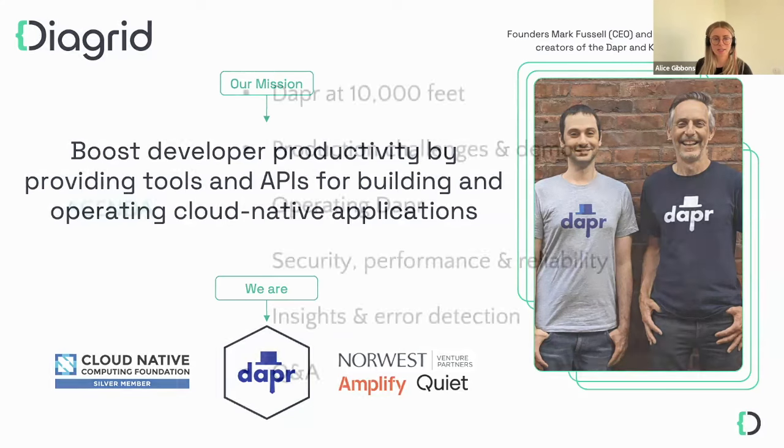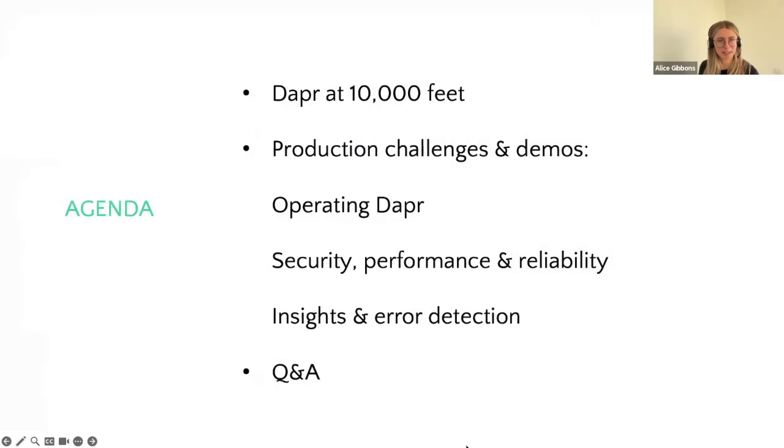Getting into what we're going to cover from an agenda perspective, I'm going to do a quick overview of Dapr and take a view of it at 10,000 feet. Then we're going to dive right into some production challenges and demos.